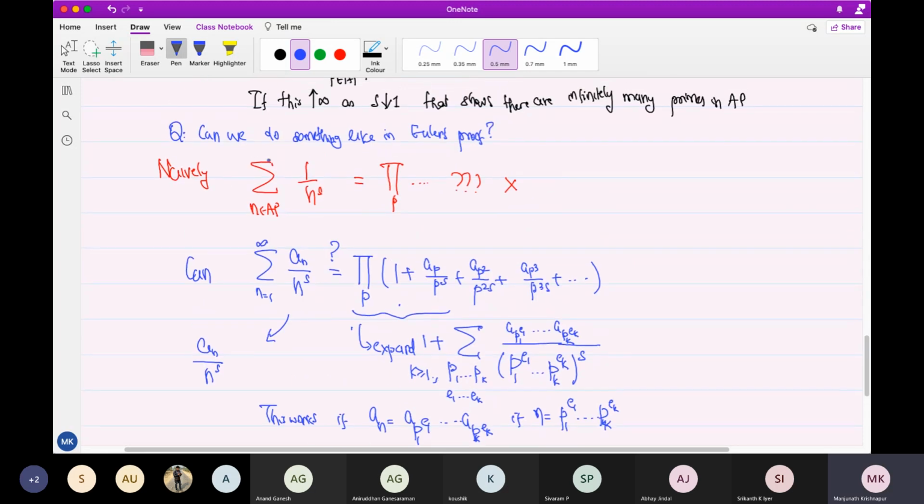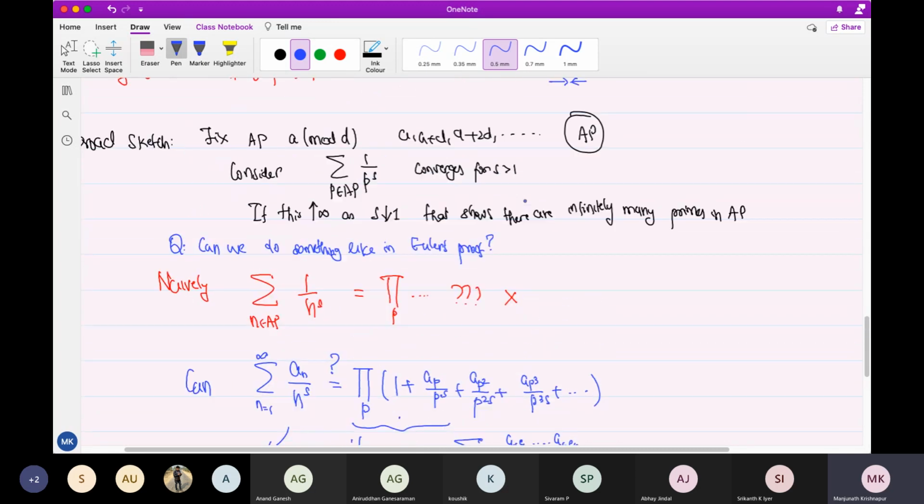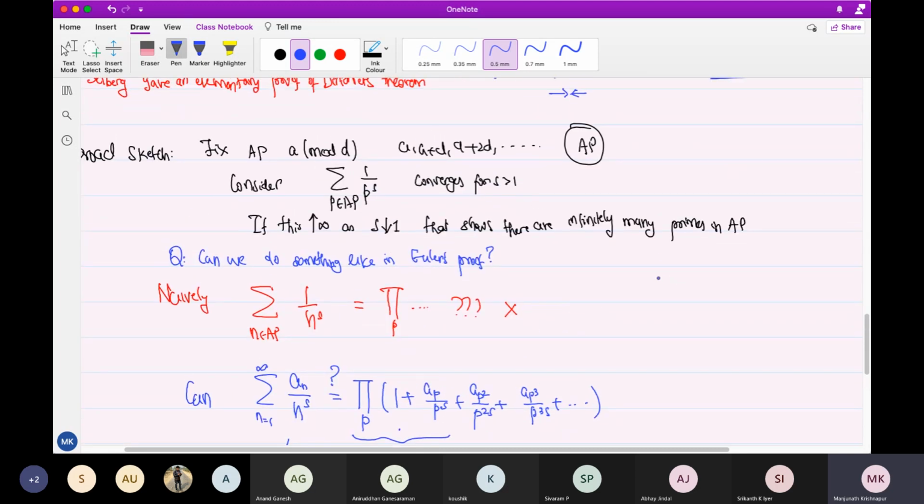So is that true for the function that you are taking to be 1 on an arithmetic progression? Just for specificity, take 1 mod 4.